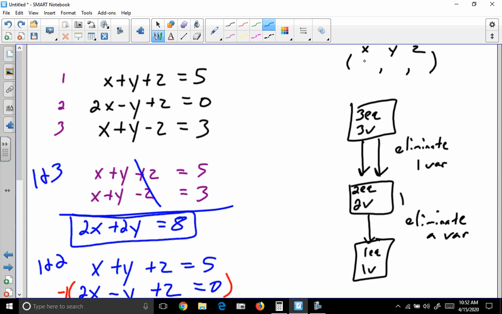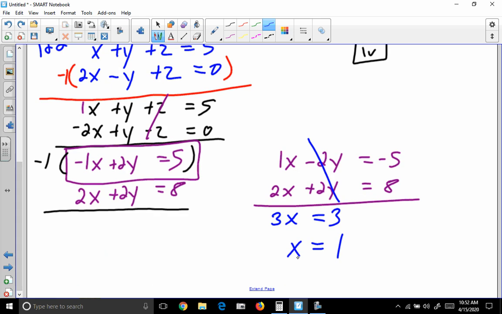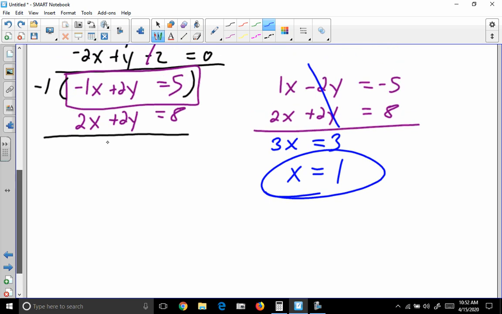Now, we're not finished, but that gives us an x value. Once we get one of our values, we just go and back substitute until we can get our other ones. So let's take this x value, plug it into an equation that has x and one other letter. Let's look at this bottom one down here. We could have used any of these, but let's plug an x in here.